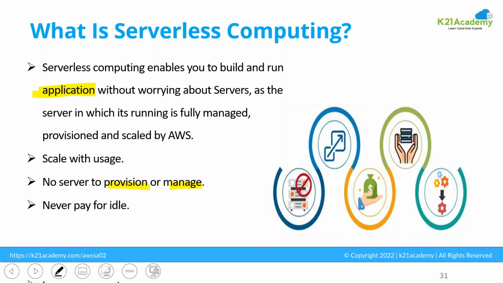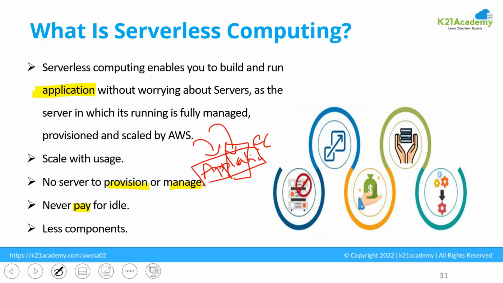And the biggest benefit that you have out of this is you don't pay any charges when you are not executing your application. So when there is a normal EC2 instance on which you load your application or your code, what is the issue, or you can say the limitation that you have? Even if nobody is hitting the application and using it, still you need to pay for that reserved EC2 instance that you have created.